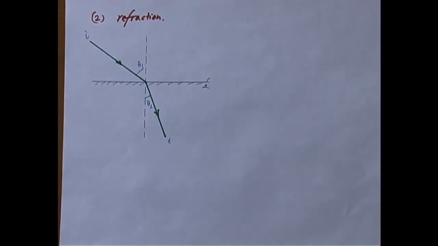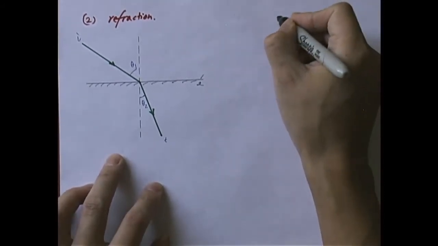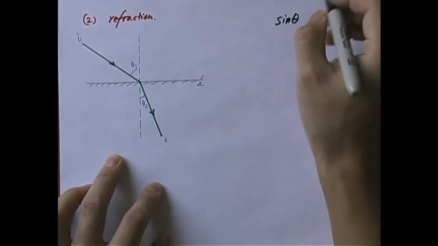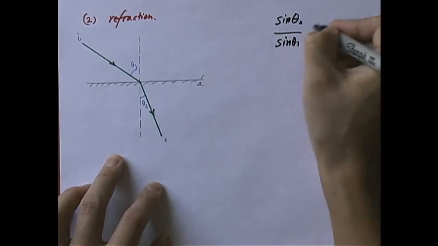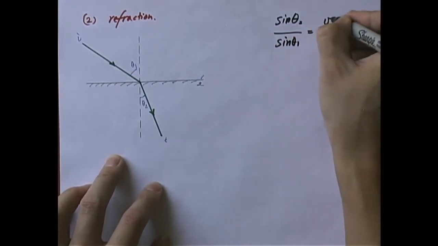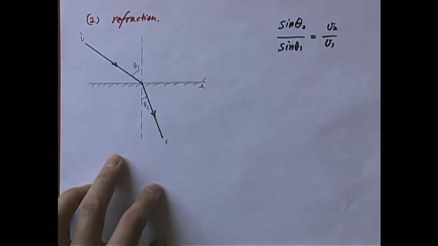Let's see how we can prove it with our understanding of wave propagation. Snell's law of refraction says that sine theta 2 over sine theta 1 equals v2 over v1. Okay, that is the Snell's law of refraction.